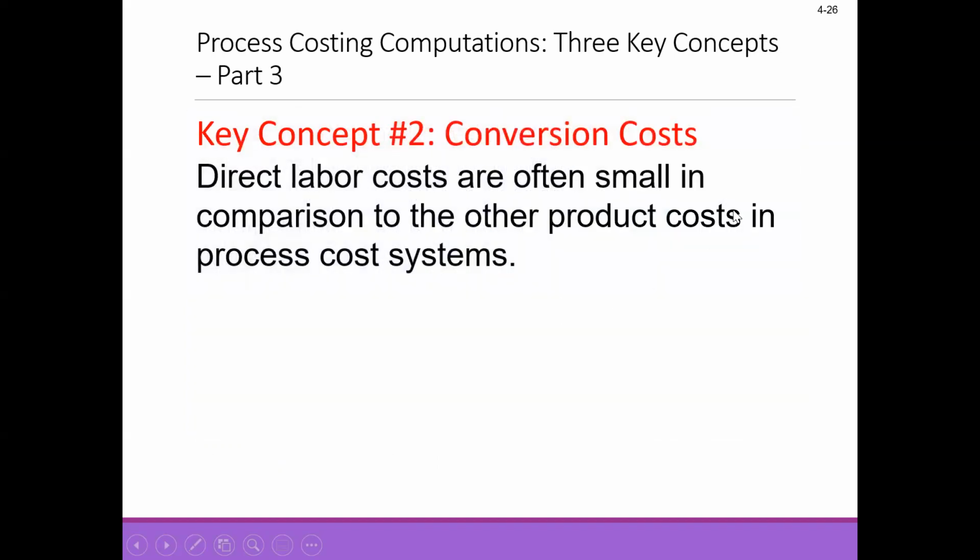Now, the next concept we're dealing with in process costing is what we call conversion costs. Direct labor costs are usually small when we're dealing with process costing systems.